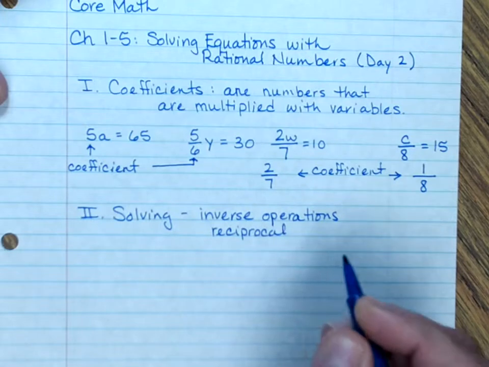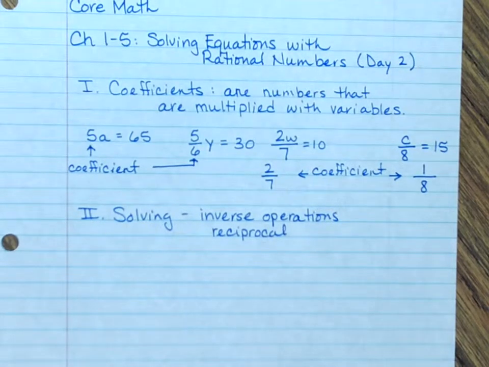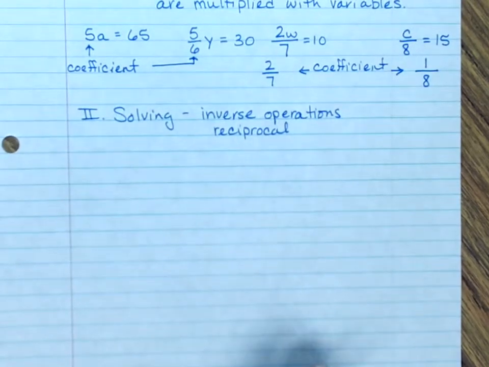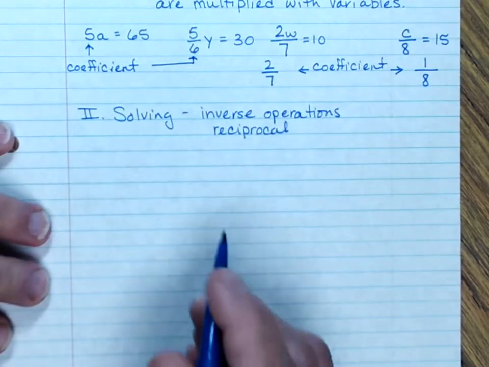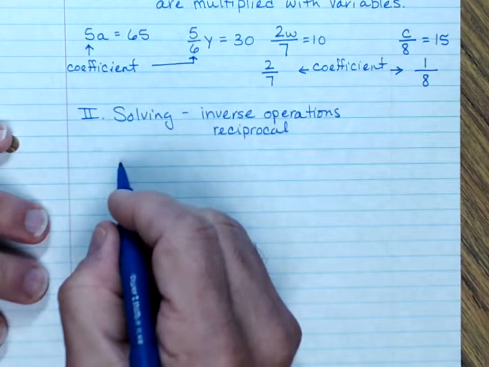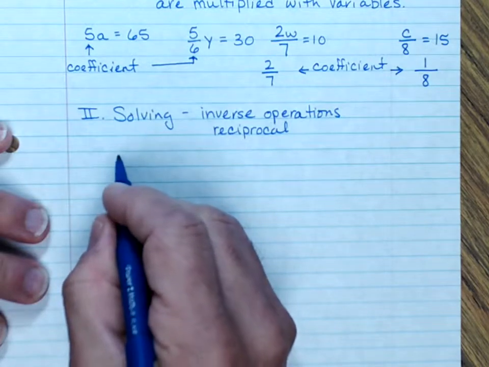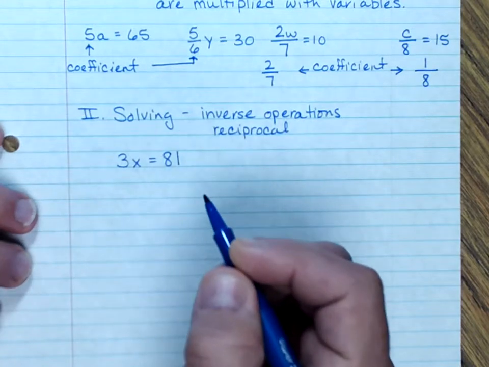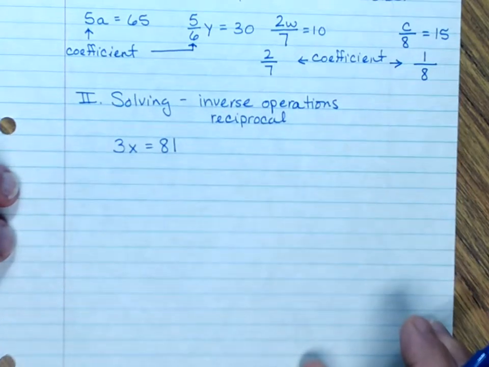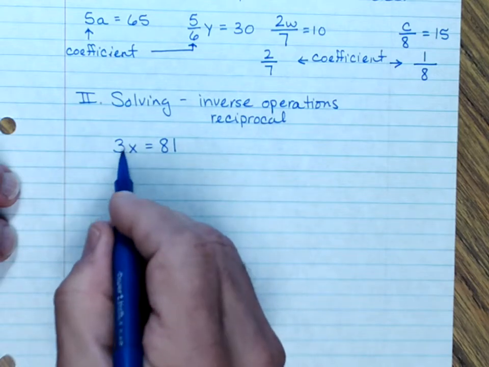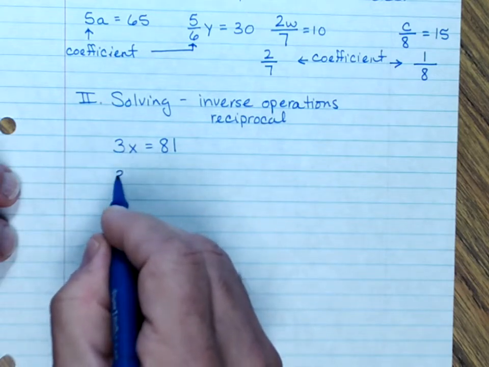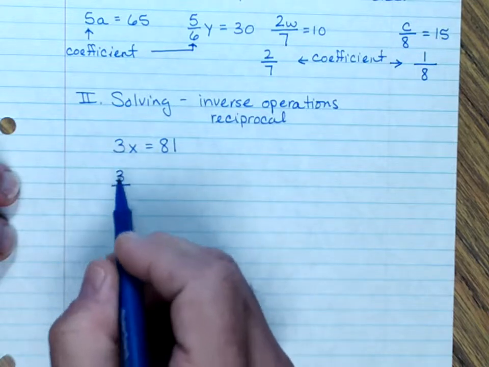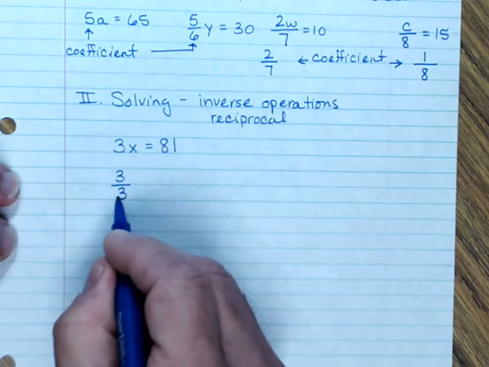Reciprocal, or the multiplicative inverse. So let's start off with 3x is equal to 81. So this is 3 times x, and the inverse of multiplying is dividing. So it's going to be 3 divided by the coefficient. Well, the coefficient is 3, so we're going to divide 3 by 3.